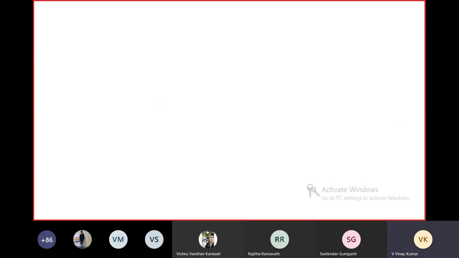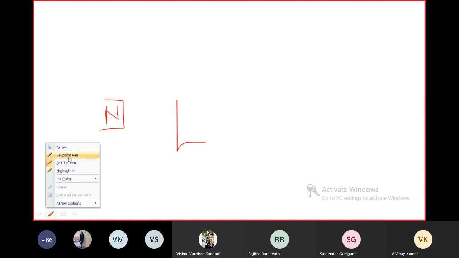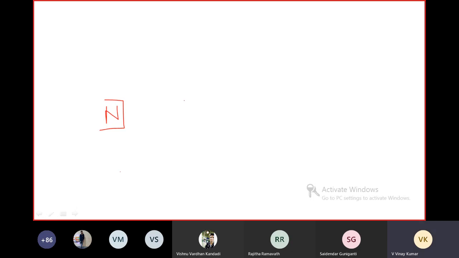Coming to basic operation of generator, here this is the north pole, and this is the south pole.